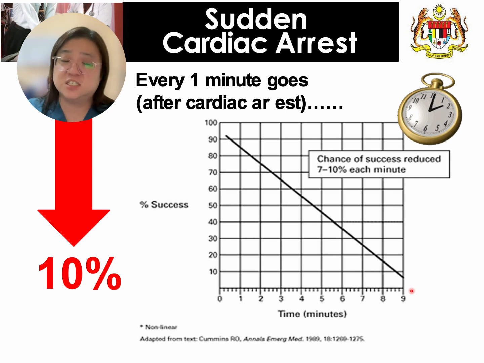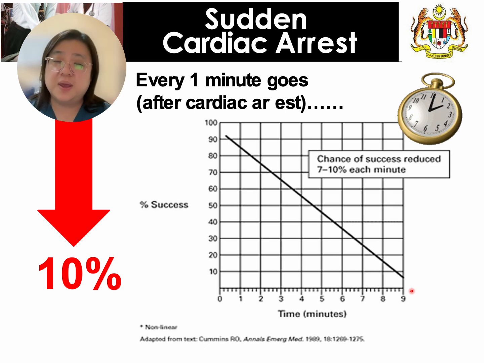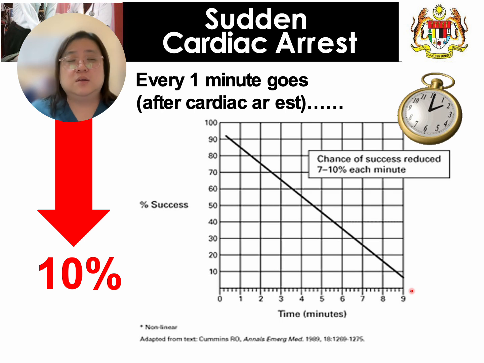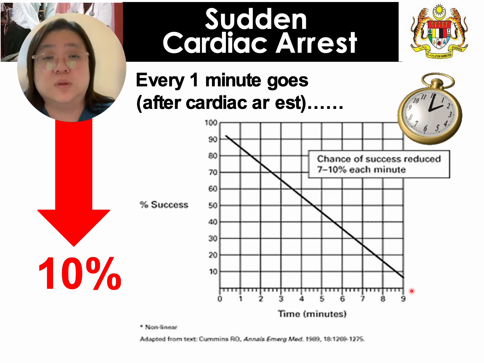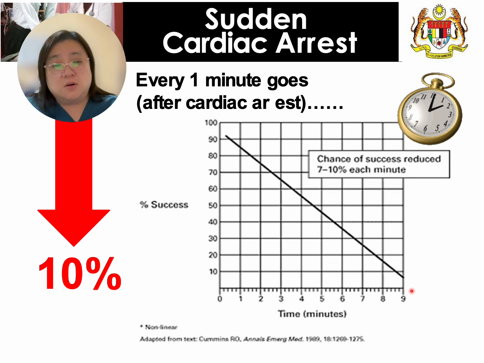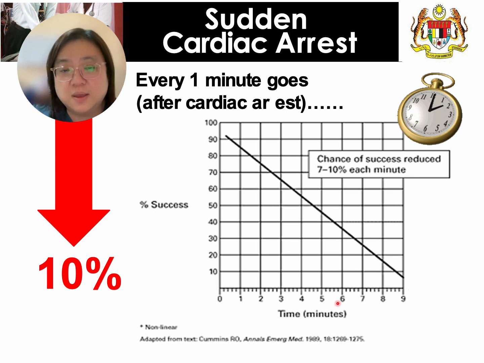So it's telling you, if you want to do CPR, you start early. Don't take a long time to think whether you want to do CPR or not, because the longer time you take, the chances of survival are reduced.